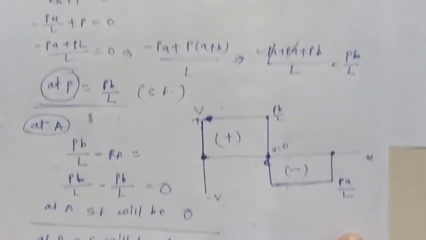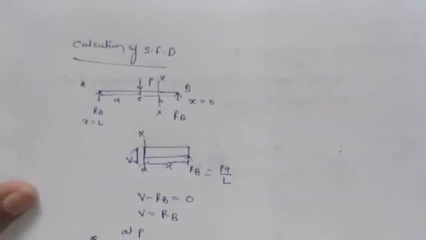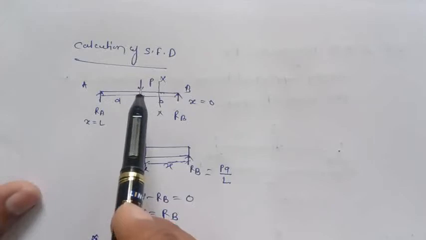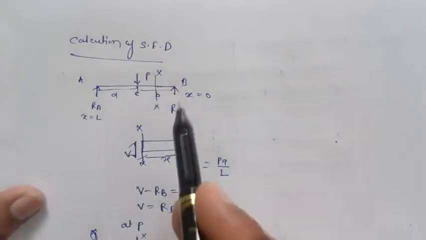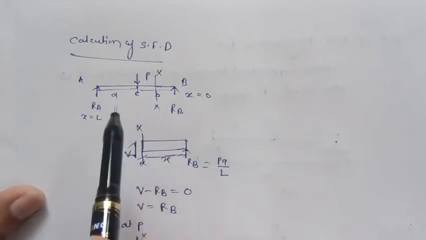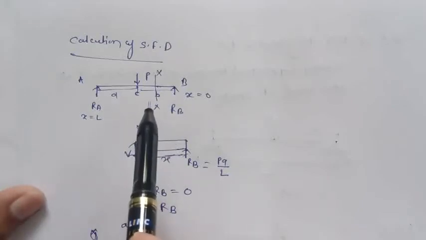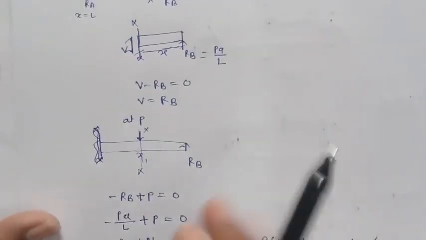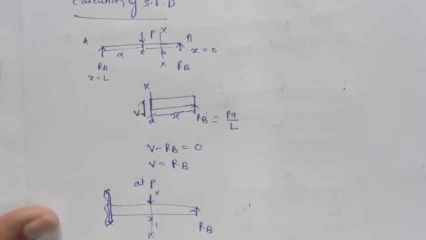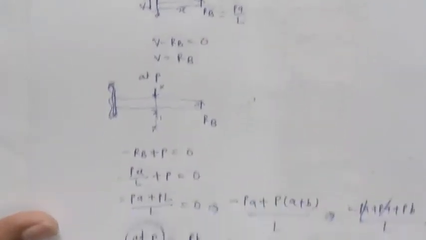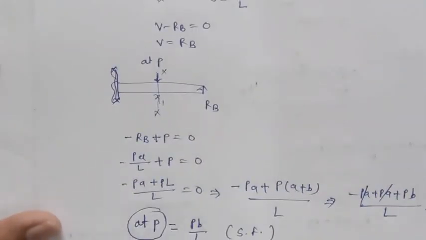Now again I am just repeating, because this is the shear force diagram for this point load acting at the mid of the span of this simply supported beam. We first calculated the free body diagram, and then made the equation of equilibrium, from which we calculated the RA value and RB value.